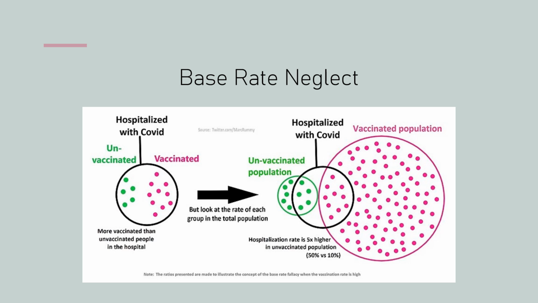It's a much bigger percentage of the unvaccinated population. So the hospitalization rate is 5 times higher in the unvaccinated population. But if you just look at the raw numbers of people hospitalized with COVID, you'll make the base rate error of failing to take that difference into account. So again, this tends to happen quite systematically.